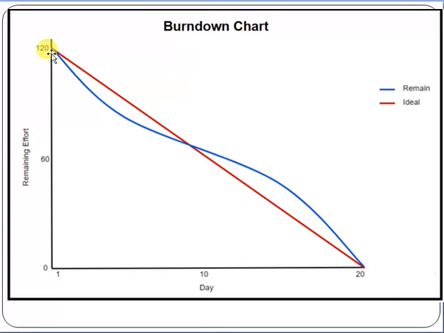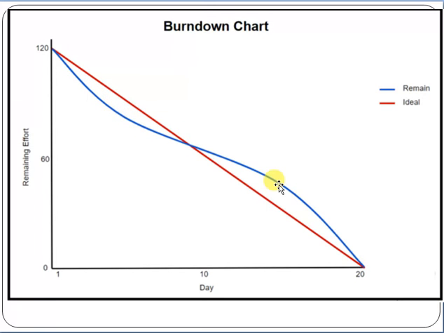For example, this graph shows a burndown with a total of 20 days and 120 story points. Within 20 days we must complete the 120 story points. This red line is the ideal situation, the ideal condition, and along with this red line, this blue line is the remaining story points which have to be completed in the days.